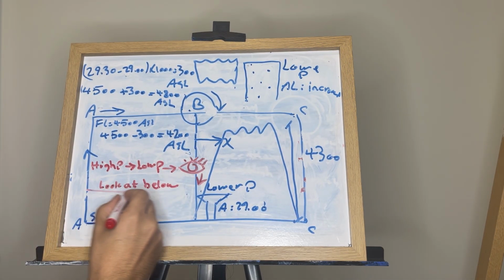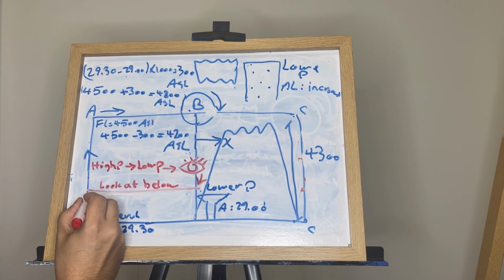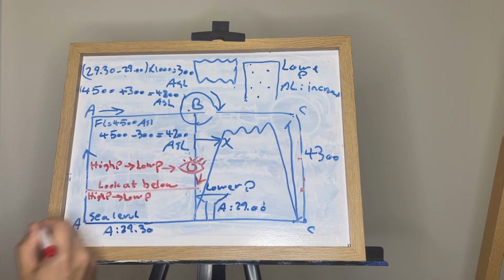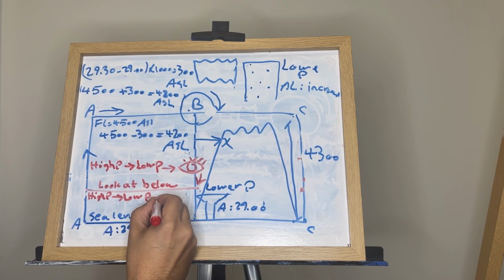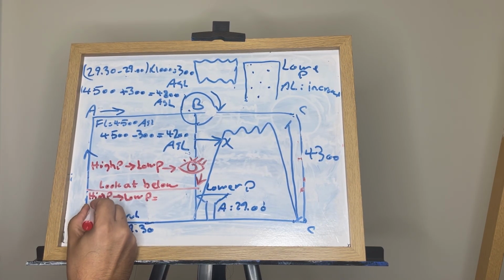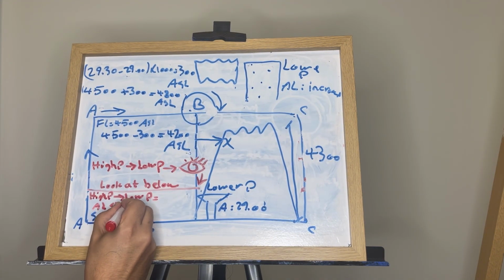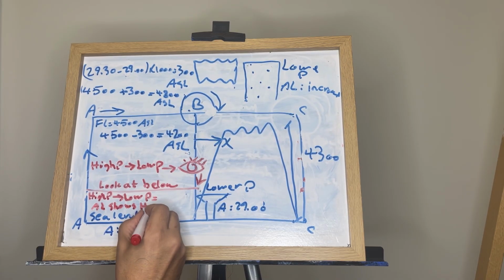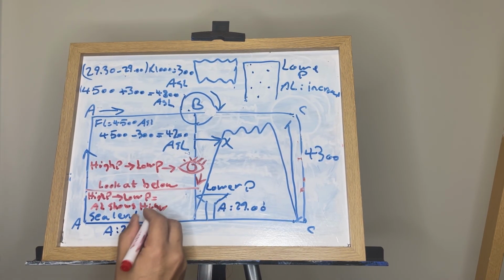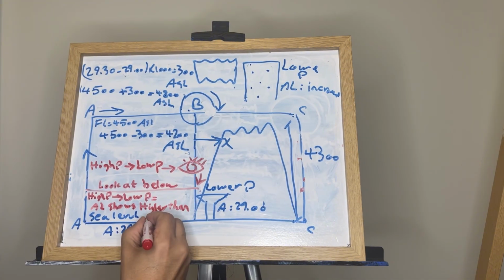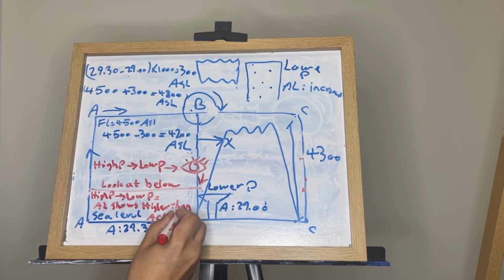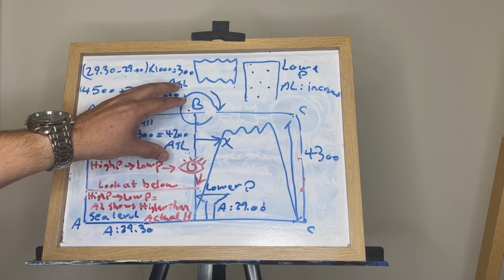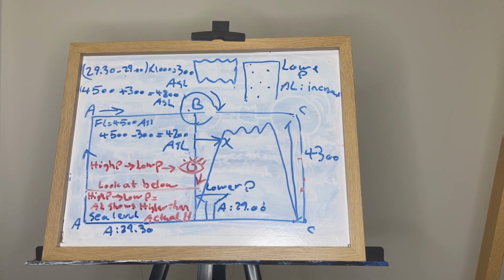And another thing you should know: when flying from high pressure to low pressure, the altimeter shows higher than actual height. And in this situation, you need to start to descend.